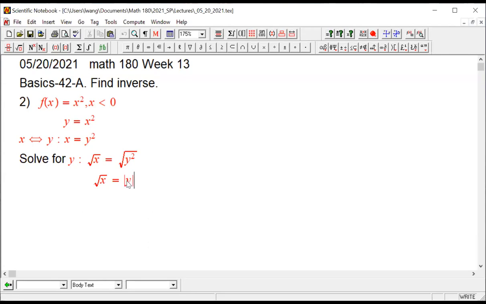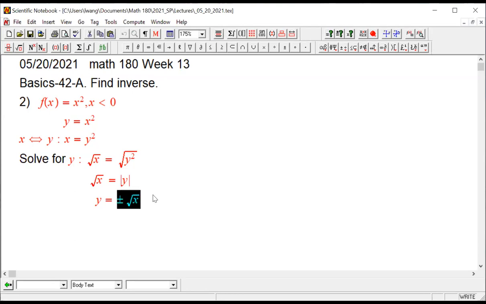We need to drop the absolute value. How do we drop the absolute value? What we are getting should be a one-to-one function. It shouldn't have a plus or minus. If you get something like this, that's wrong, because your final answer has to be a one-to-one function.